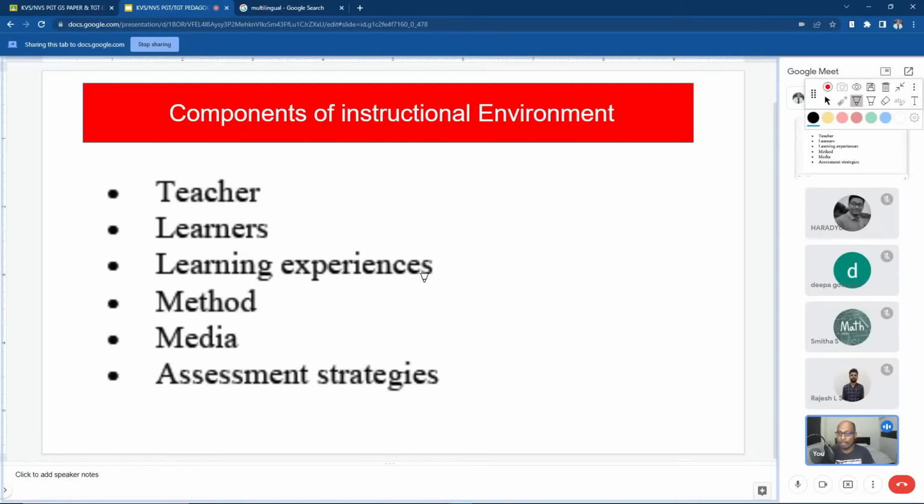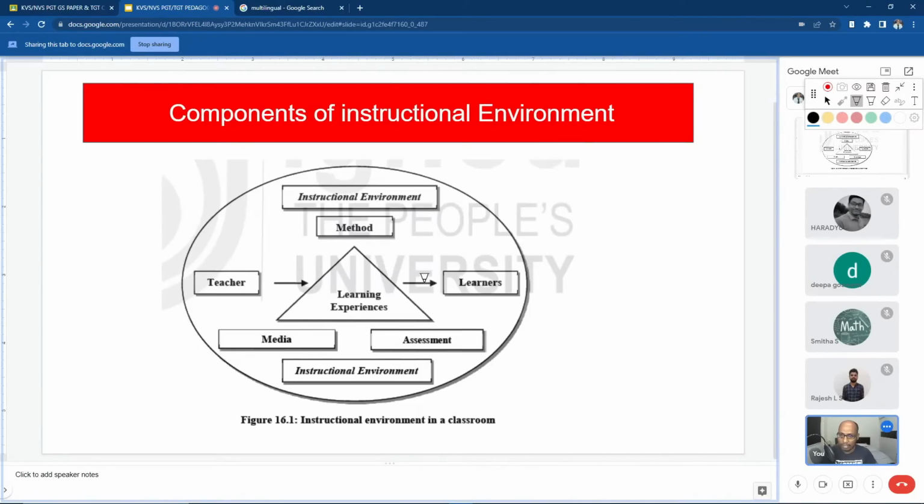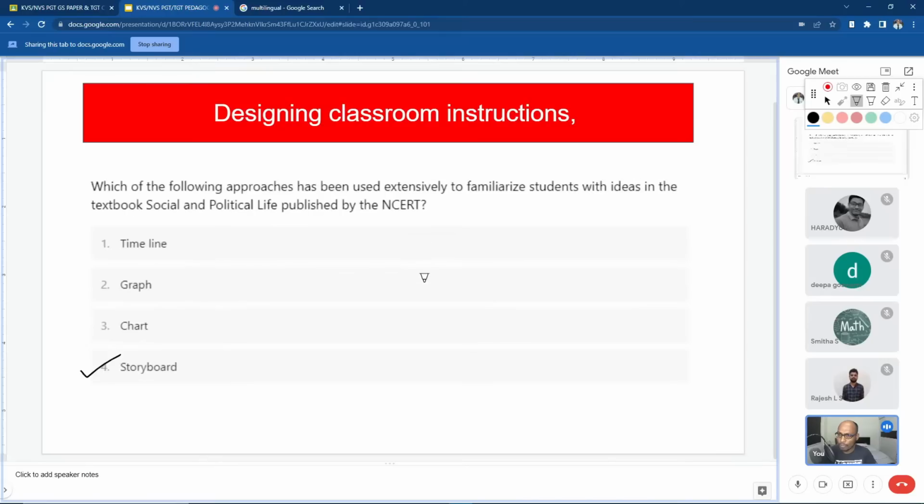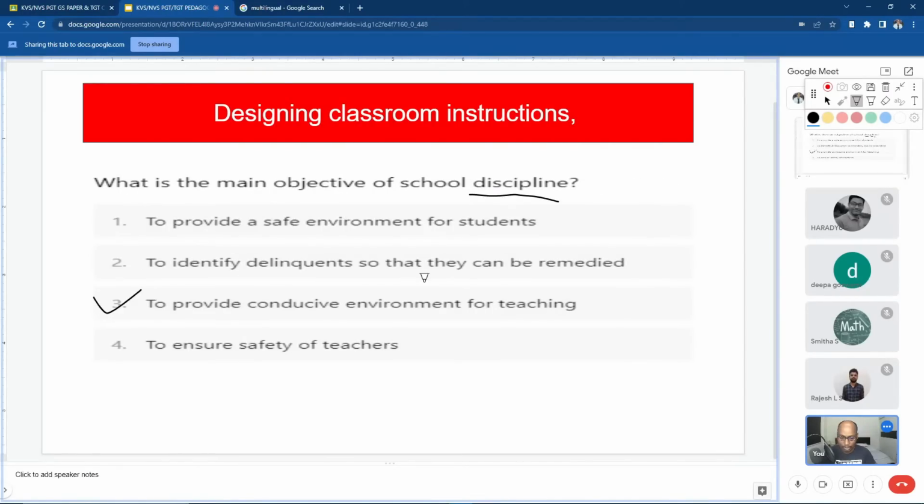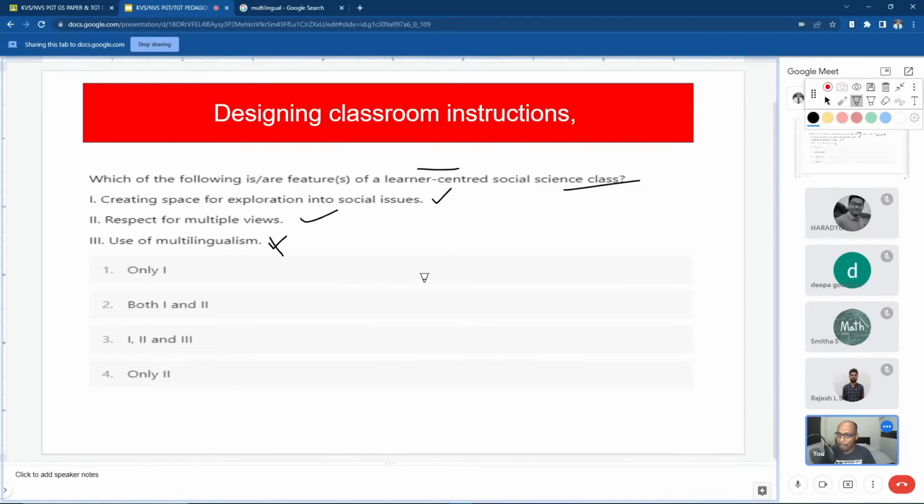Now let us see one more question. Another question. Let us go with the components of instructional environment. Okay. Now what are the components of instructional environment? Wait a minute. What happened? There are a few more questions. Okay, 3 questions we completed, correct? All right. Wait.